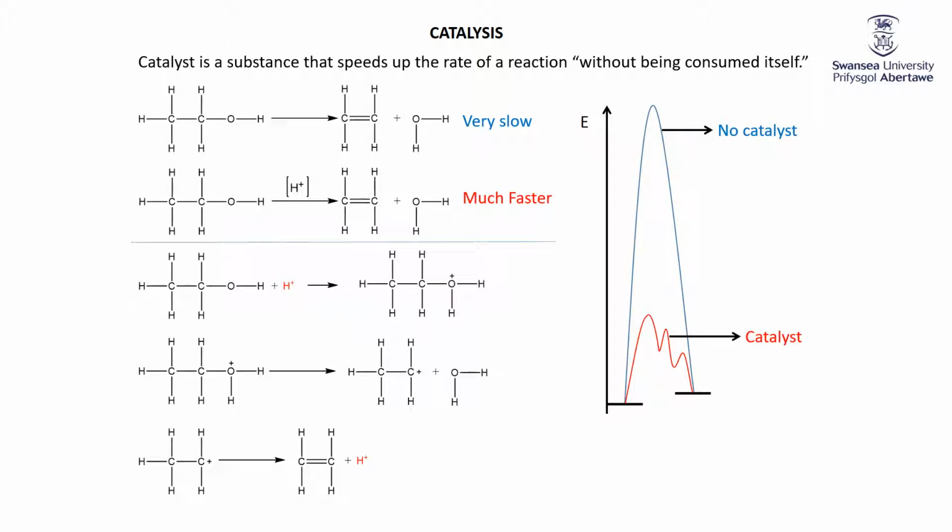Within that alternative pathway, the catalyst is involved, it is consumed, but then it is generated again before the end. So it looks like it hasn't been consumed at all. Okay, catalyst used up, made again, provide an alternative pathway with a lower activation energy.